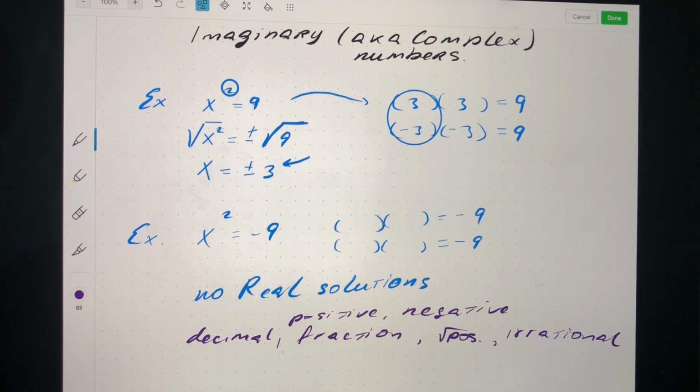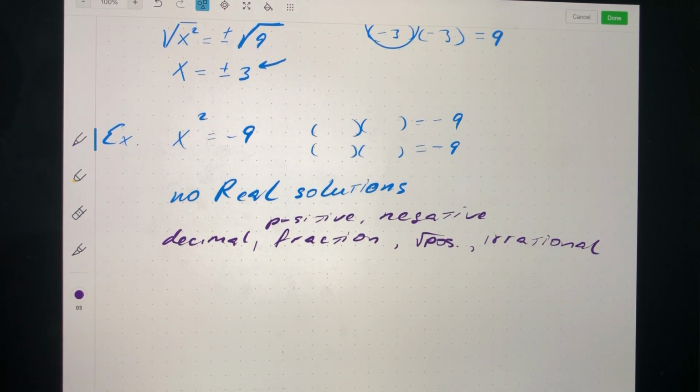So of all of these choices, none of them will solve our question. None of these could be used to give us negative 9. So that means there is no real solution.